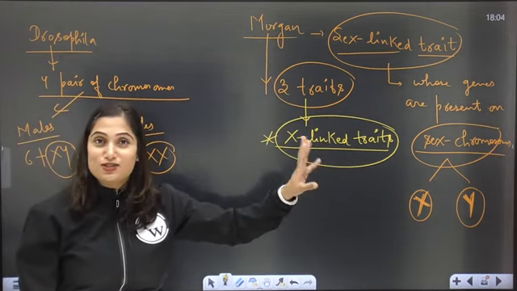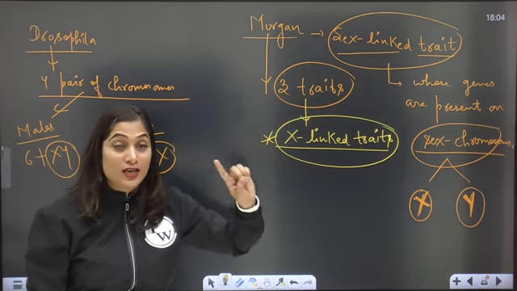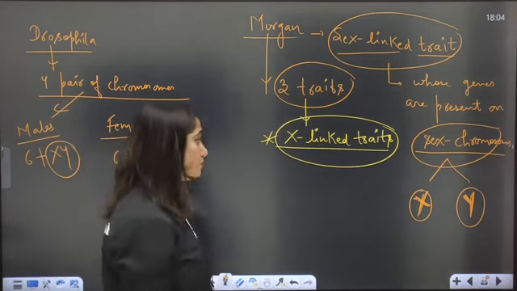That means the genes of all the 3 traits taken by him are present only on the X chromosome and nowhere else.